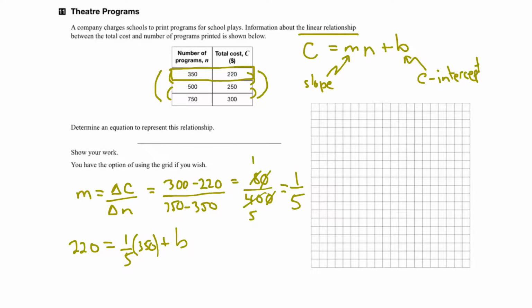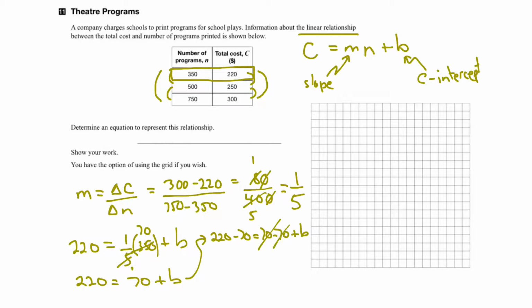So this means here 1/5 times 350, so we can cancel this out. 5 goes in there once, 5 goes into there 70 times. So this would become 220 equals 70 plus b. So I have to get rid of the 70, so I'll subtract 70 from both sides. So 220 minus 70 equals 70 minus 70 plus b.